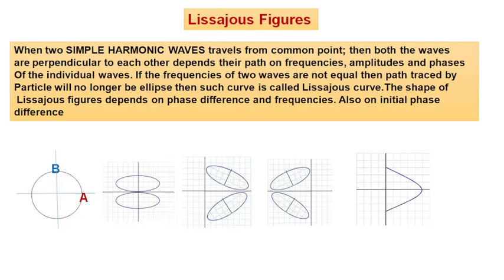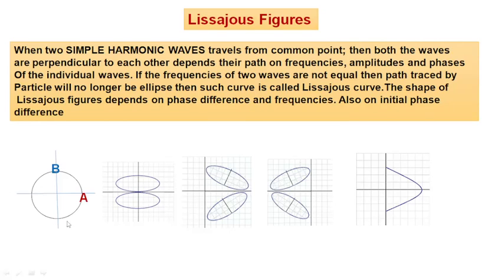So let's see the figures. When two simple harmonic waves traverse from a common point, and both the waves are perpendicular to each other, their path depends on the frequencies, amplitudes and phases of the individual waves. If the frequencies of the two waves are not equal, then the path traced by the particle will no longer be an ellipse. Such a curve is called a Lissajous curve. The shape of a Lissajous figure depends on the phase difference and frequencies, and also on the initial phase difference.